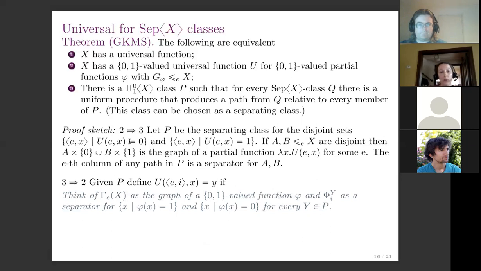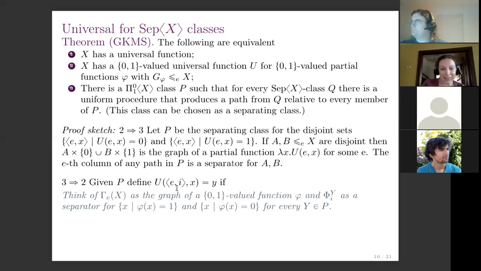Okay, so to prove the reverse is more tricky. Suppose that we're given this class P and we want to define the universal function. Here's what we'll do. We'll define U of the pair (e,i) and x to be equal to y. And here I have to tell you what I'm thinking of when I write this pair e, i. Think of e as the index of the graph of the 0,1 valued function phi that we want to copy in this column.